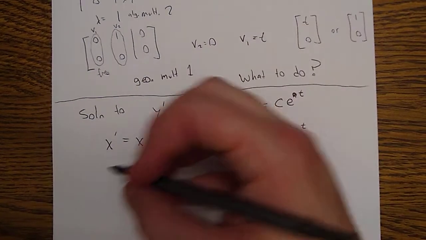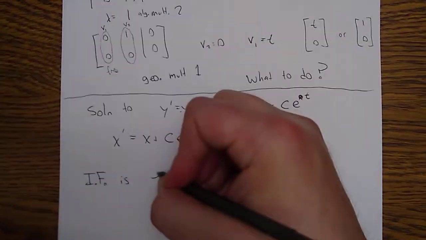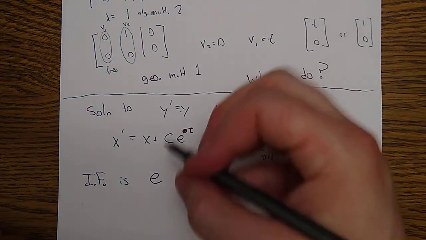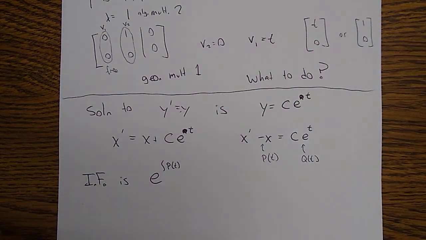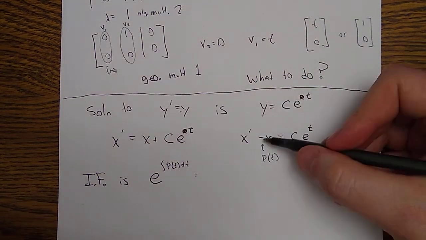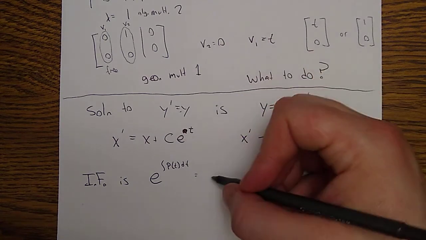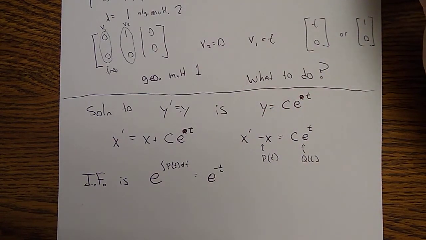The integrating factor is e to the integral, like e to the antiderivative of p. So p is just negative 1, so its antiderivative is negative t. Right?